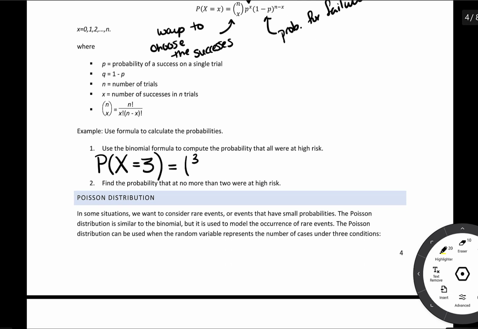Out of our 3 people, all 3 are high risk, or we have 3 successes. Our probability of success is 0.12, so we're going to take that to the x, which in this case is 3, times 1 minus 0.12, taken to the 3 minus 3 power, which ends up being 0. And if you put this in your calculator, you will find that this is equal to 0.0017.